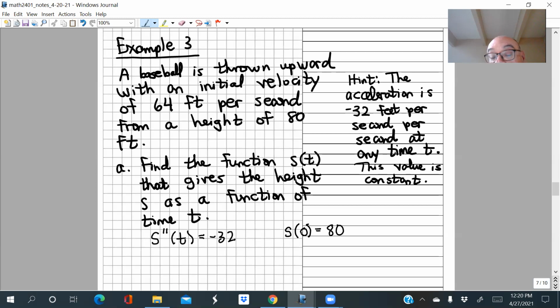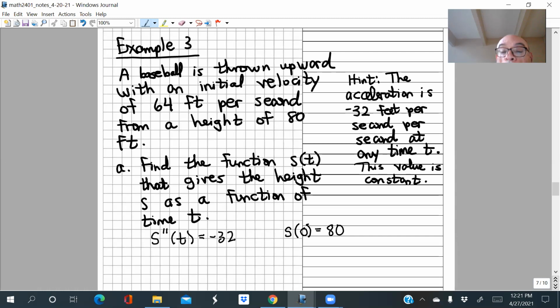In writing down the function s, you have to put in 0 for t because it was at time 0 that the height is 80. Keep in mind that the height is changing, so if you change this t value to something other than 0, you're going to get a different number here. That's not true for acceleration though. For any time t, the acceleration is always minus 32.